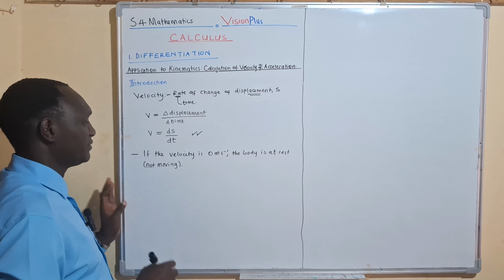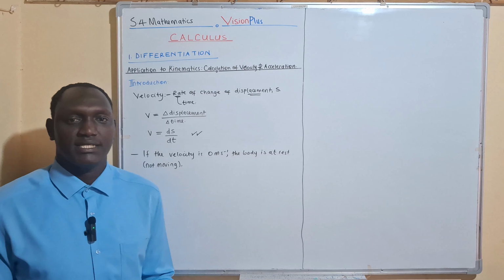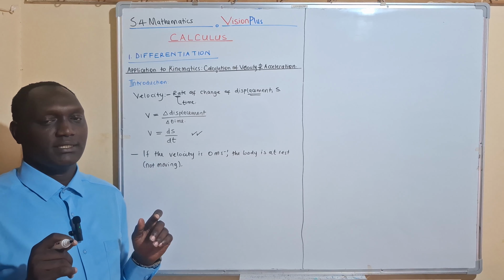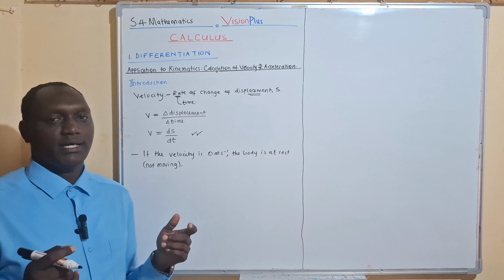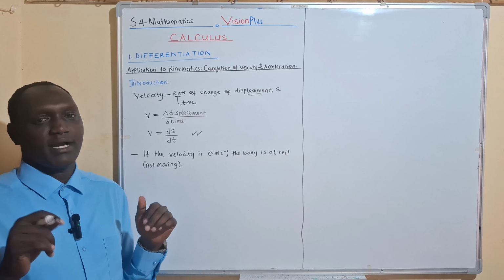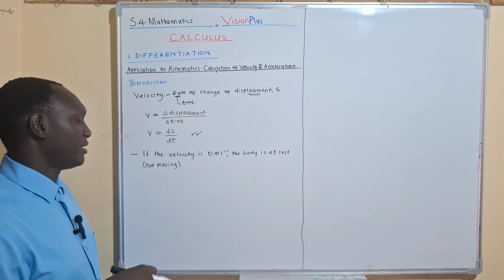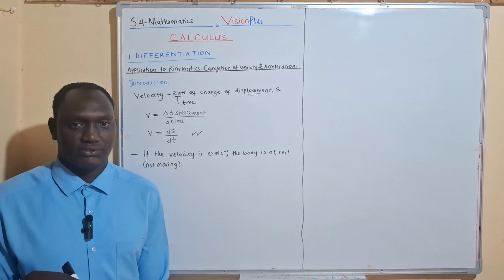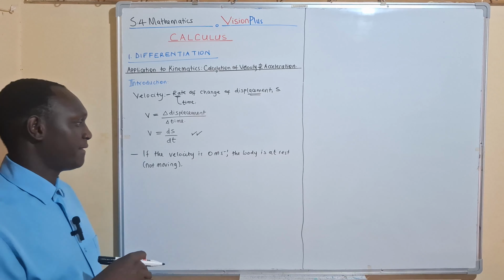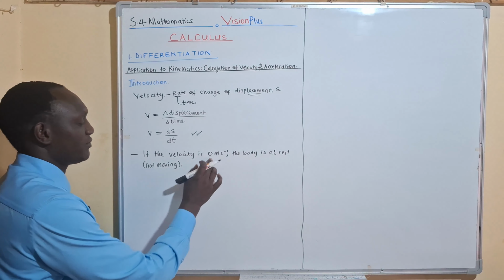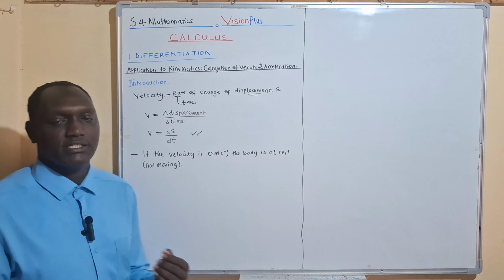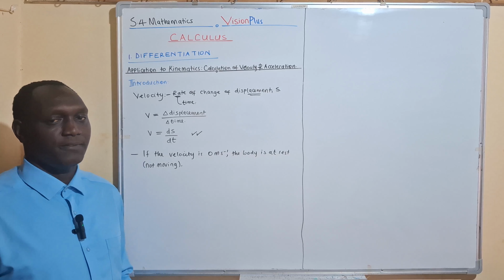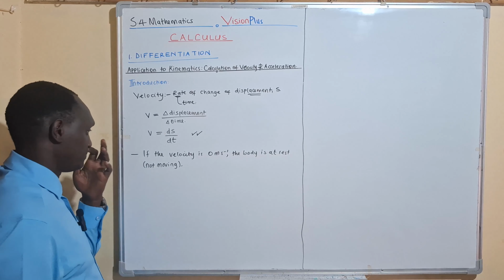Speed is the magnitude of velocity. But the good thing with velocity is that it tells us the direction. Now, if the speed of a body is 0, it means the body is not moving, it is at rest. That is what you must know.